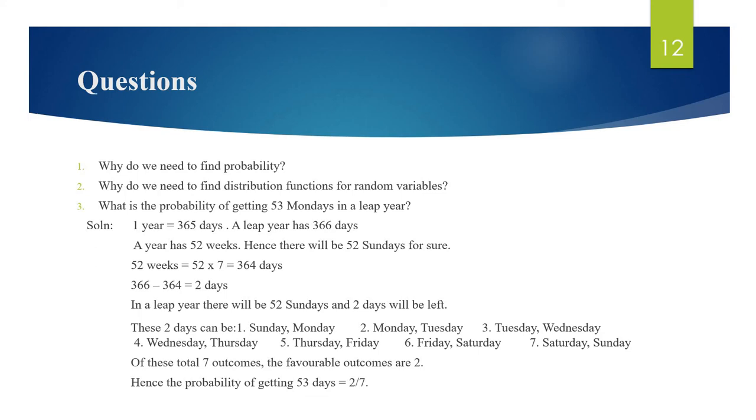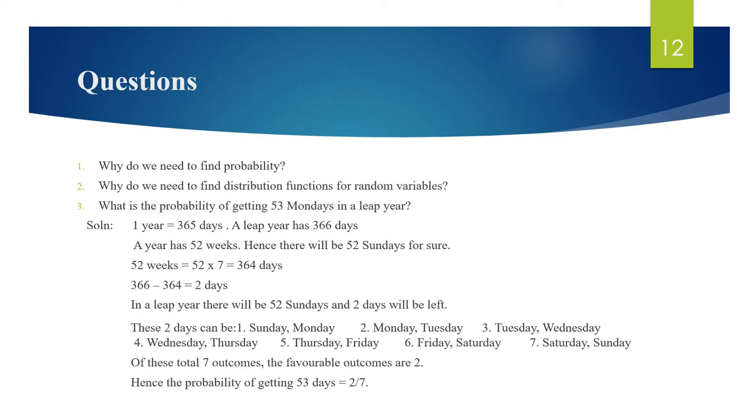So the next question is what is the probability of getting 53 Mondays in a leap year? To solve this, first we need to know how many days a year has. We know that usually it has 365 days, but if it is a leap year, then it will have 366 days.